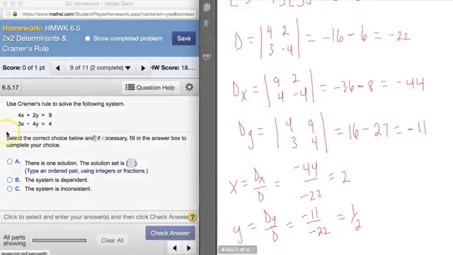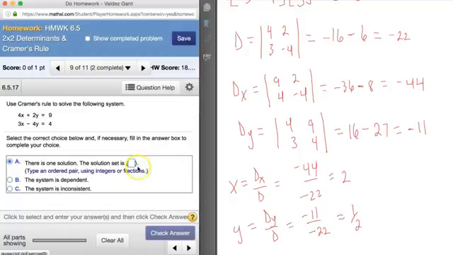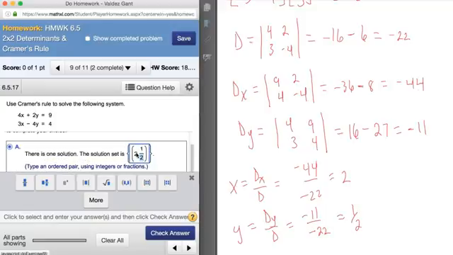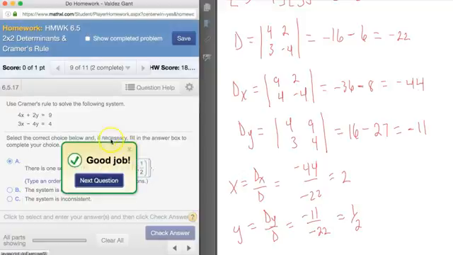And so that should be what our solution set is. So let's go and do that. 2 and then 1/2. All right, and so now we'll go to our final question.